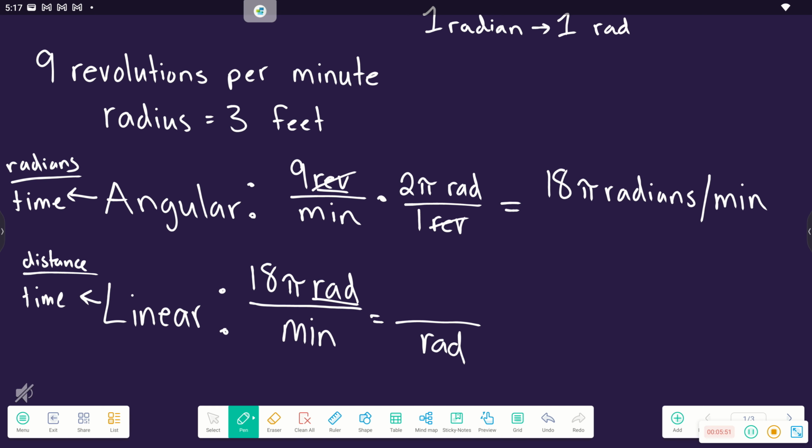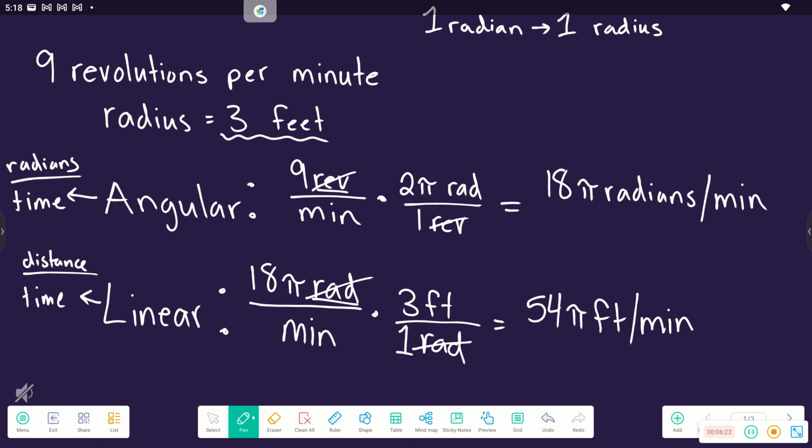That is a radius. So I know that my radius is 3 feet. So I know that 1 radian should be a times, is 3 feet, which allows me to cancel out my radians, leaving me with a total of 54 pi. Use my units remaining, which are feet per minute, to get our linear velocity.